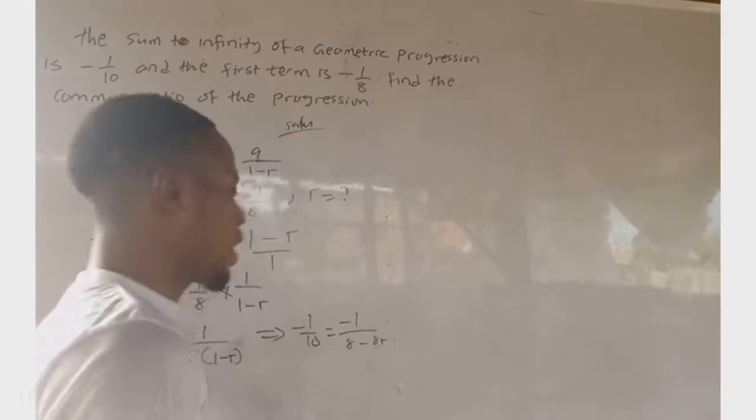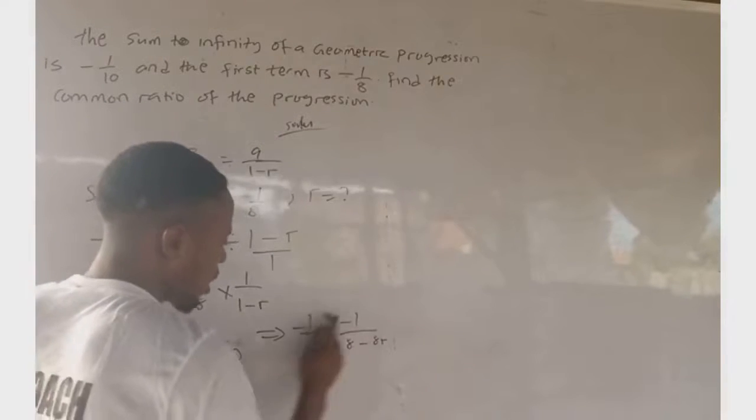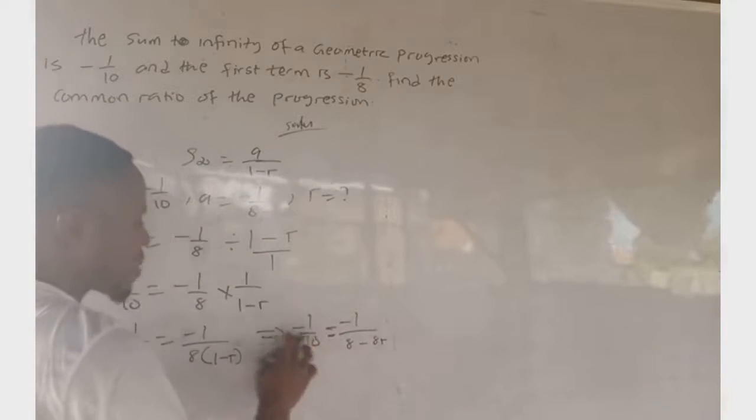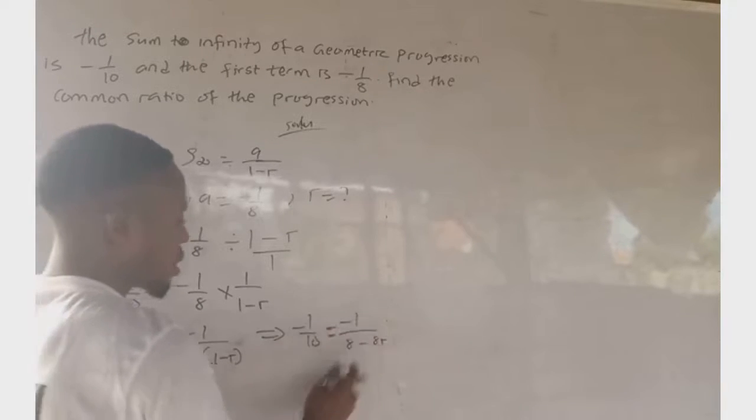So we have two parts: the first part, minus 1 over 10, and the second part, minus 1 divided by 8 minus 8r.